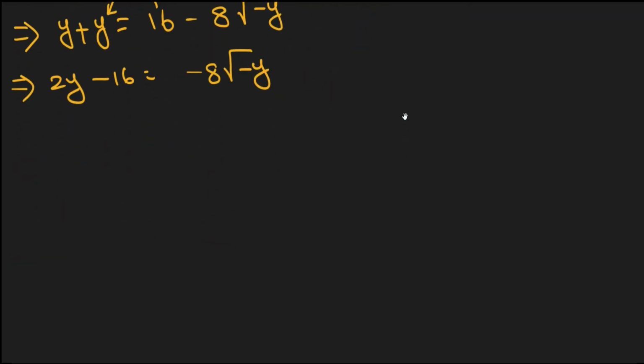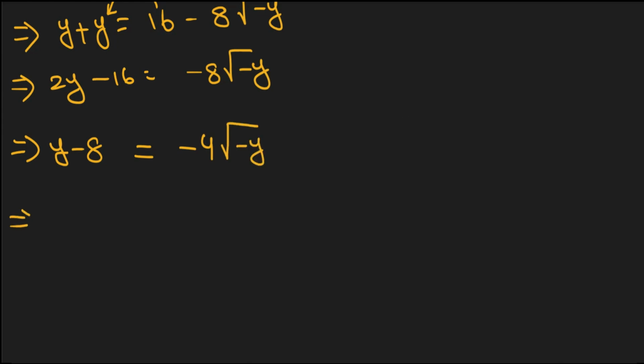Let us divide 2 on both the sides of this equation, and we can write this as y minus 8 is equal to minus 4 square root of minus y.